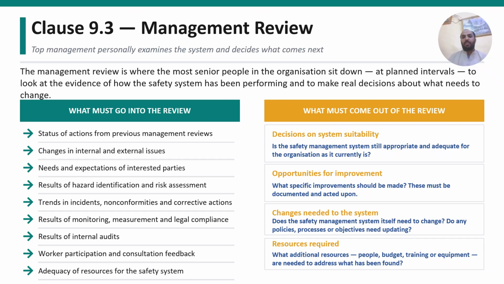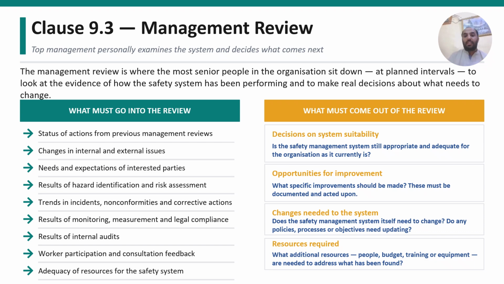The standard is specific about what information must go into the management review. The review must consider the status of actions from previous management reviews, where the decisions made last time actually followed through. It must consider changes in the internal and external issues that are relevant to the safety management system.